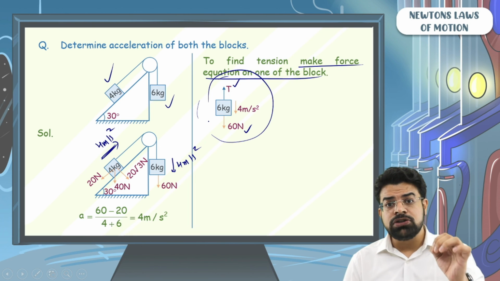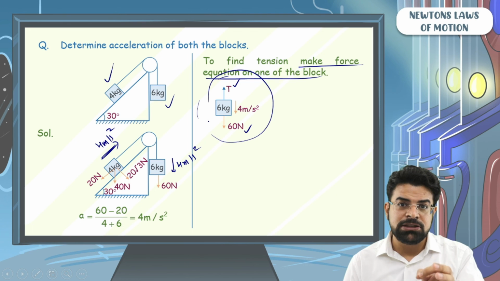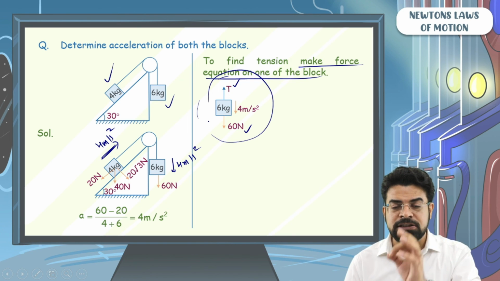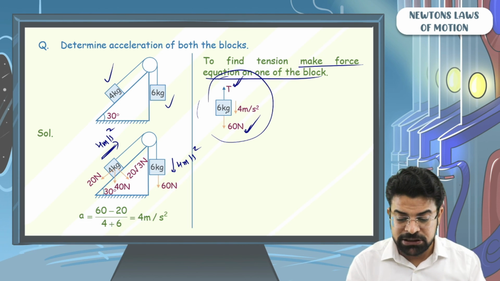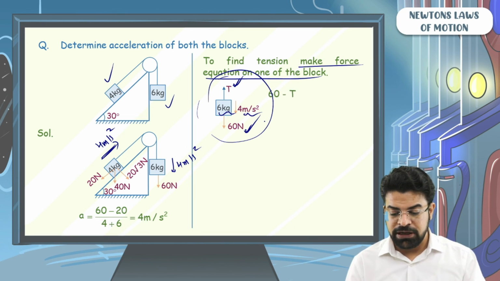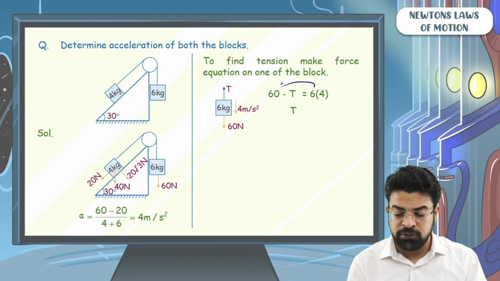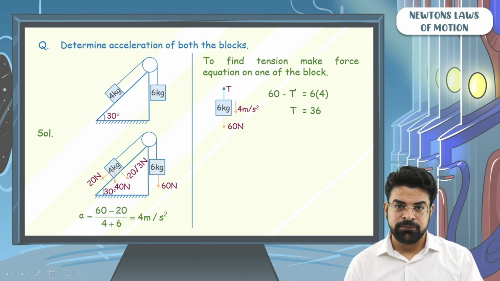If the block goes down with an acceleration of 4 meter per second square, we can write the equation of force as the net force in the direction of acceleration equals mass into acceleration. So 60 minus T equals 6 into 4. So 60 minus T equals 24. When you bring this 24 to the left hand side, your tension comes out to be 36 Newton.